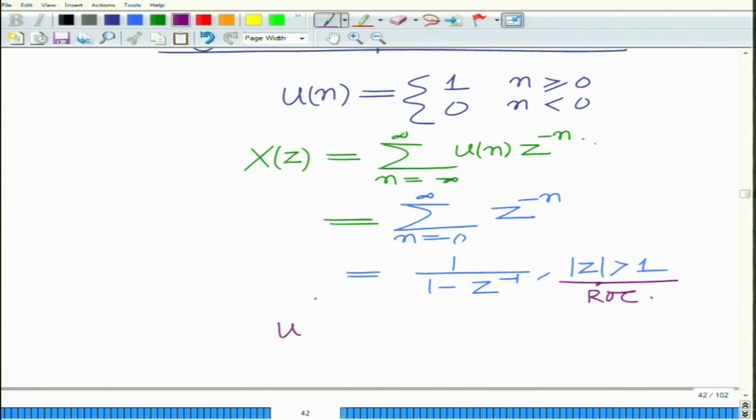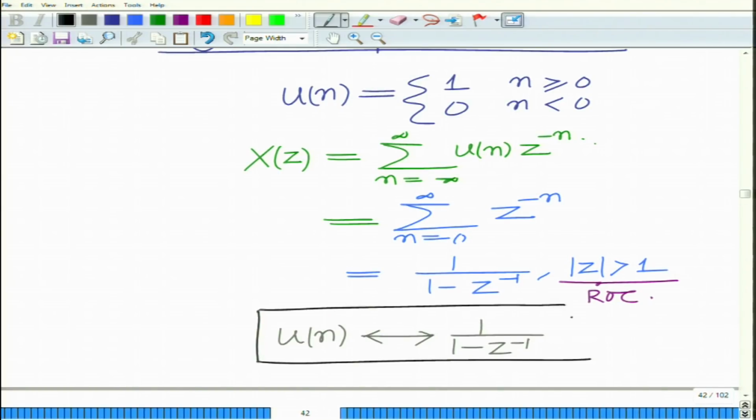This is the ROC or the region of convergence. So, the unit step signal u n has the Z transform 1 over 1 minus z inverse.